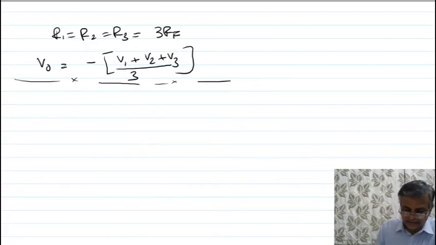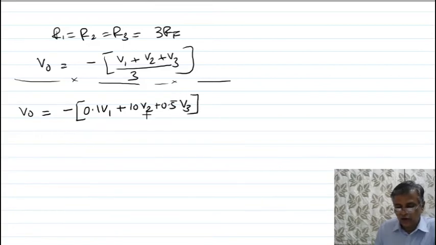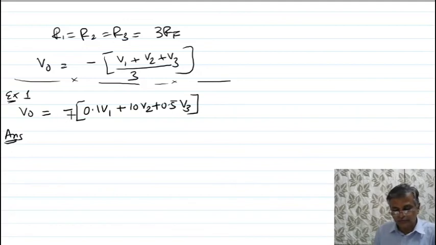Now suppose somebody asks you to design a circuit which gives the output as shown in this equation. This is an example. Design a circuit which gives the output VO equal to -1 into bracket 0.1 V1 plus 10 V2 plus 0.5 V3.